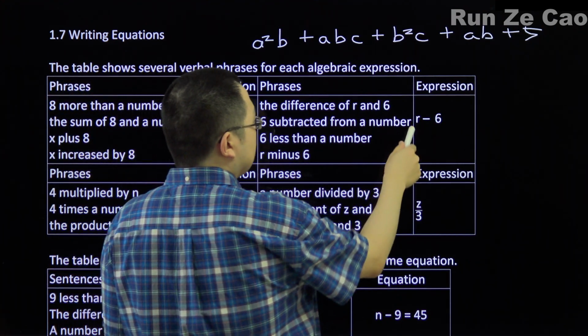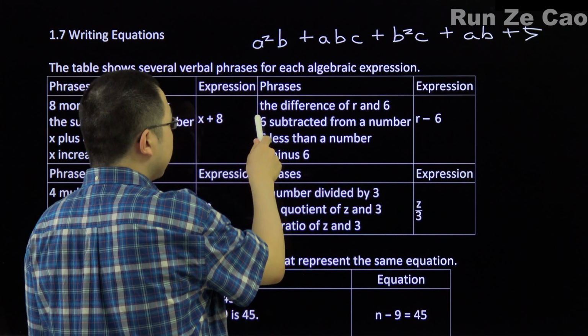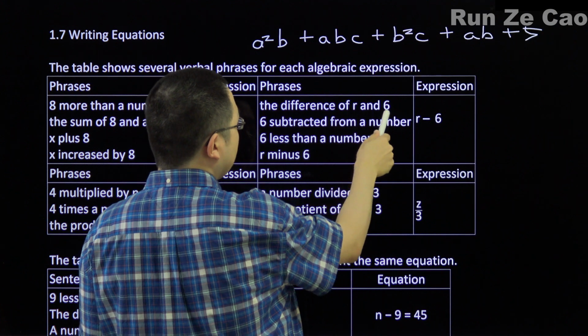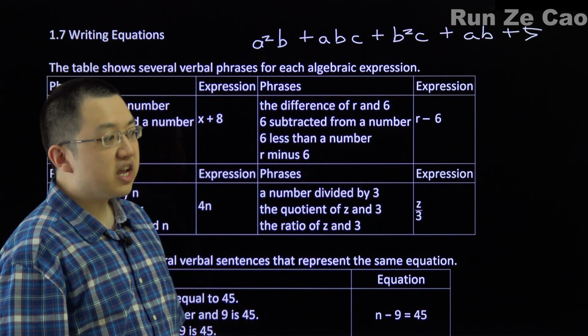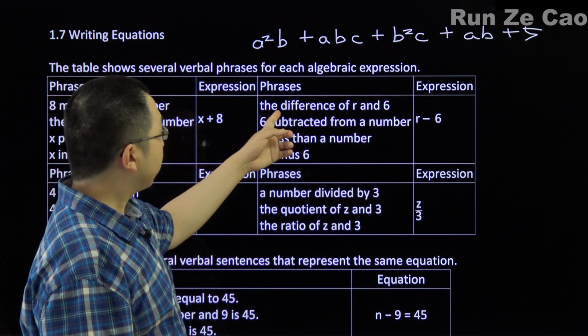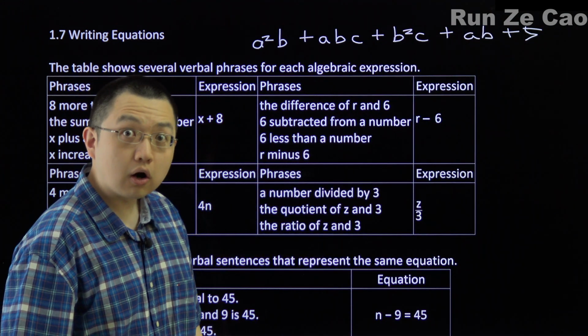R minus 6 is this, straight out. Because in subtraction the order matters, here we have the difference of r and 6. If it was 6 minus r, you would have the difference of 6 and r.